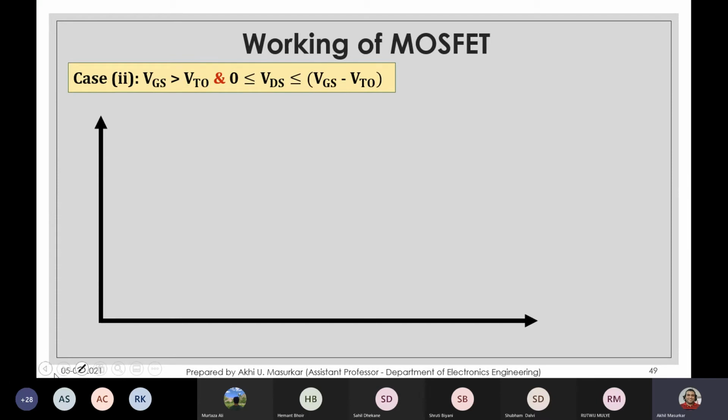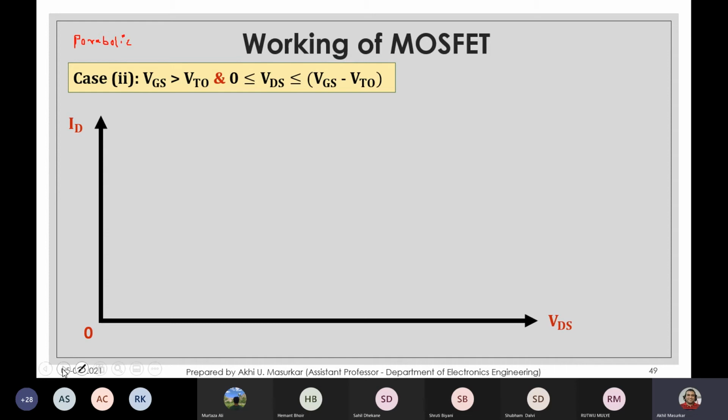If you look at ID versus VDS, the relationship is going to be parabolic.